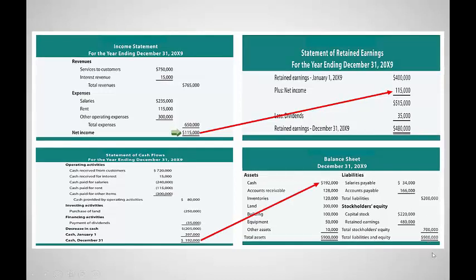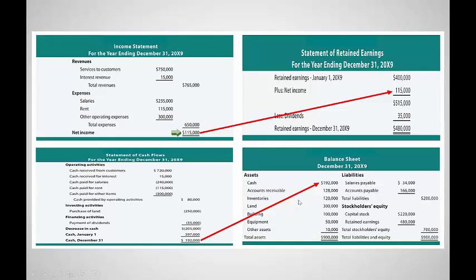The important thing to note is that on your statement of cash flow, your cash on December 31st is the same as your cash on the December 31st balance sheet. So this is important to see how that relationship works.